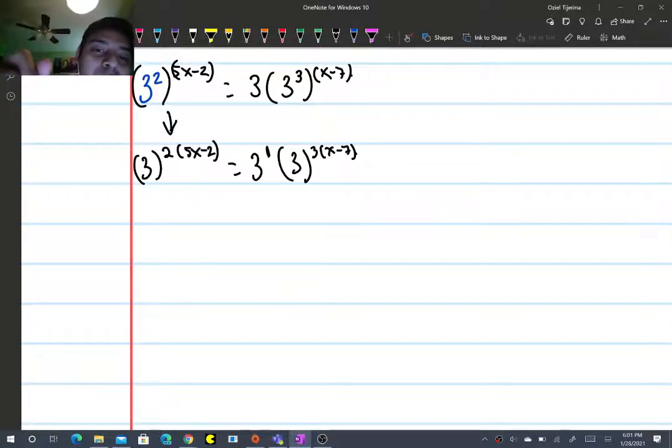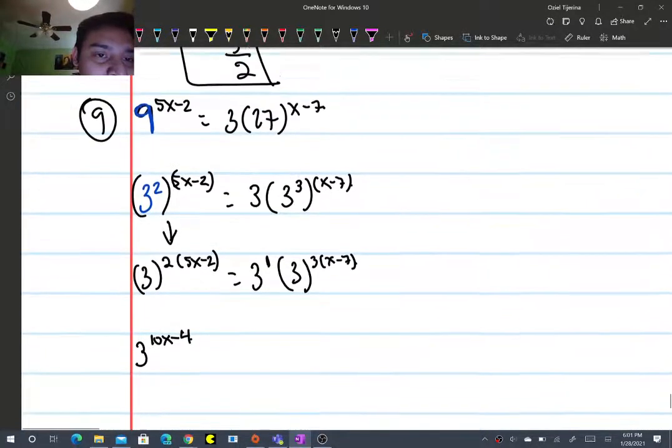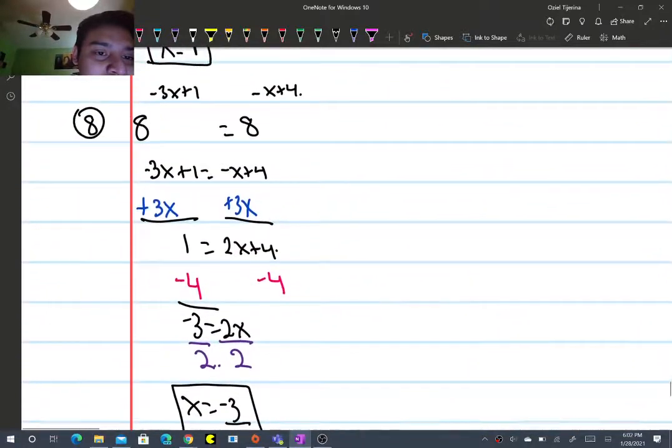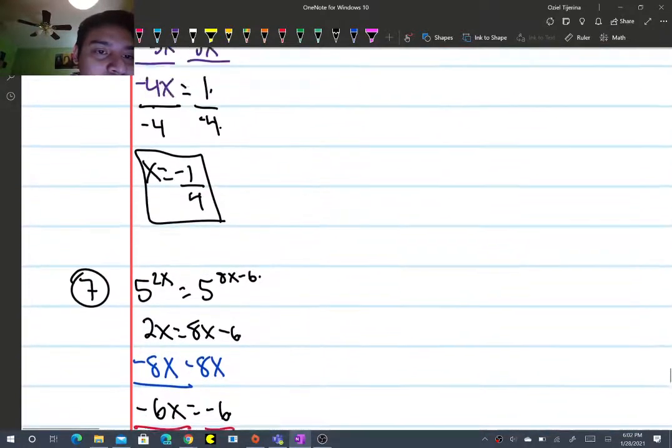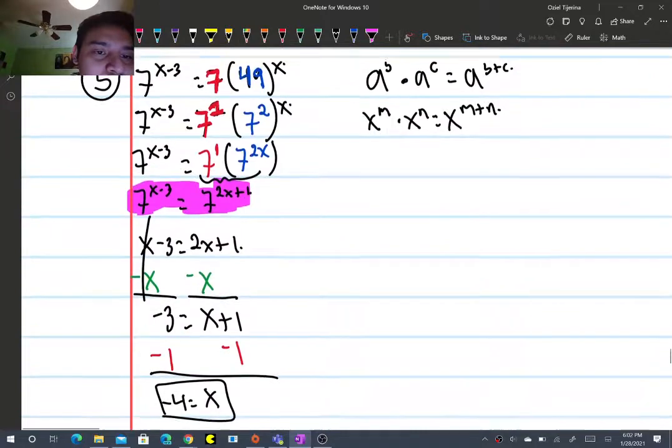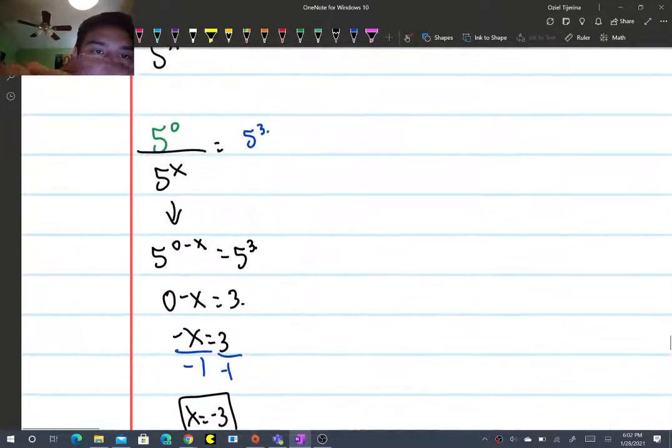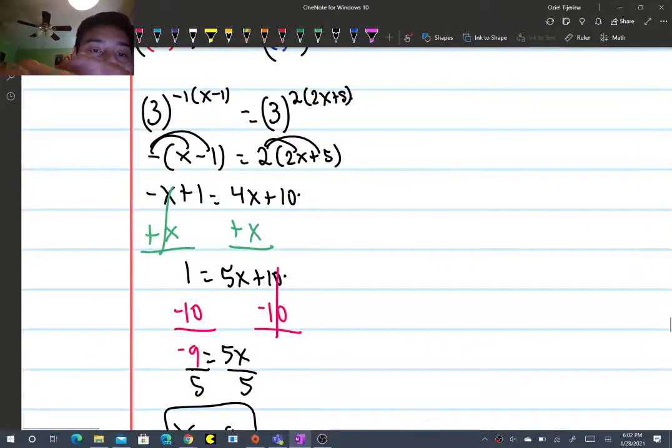Now, you can go ahead and do 3 to the 10x minus 4, because in the end, it doesn't matter whether you do your distributive property at the very end, like I did over here, for example.